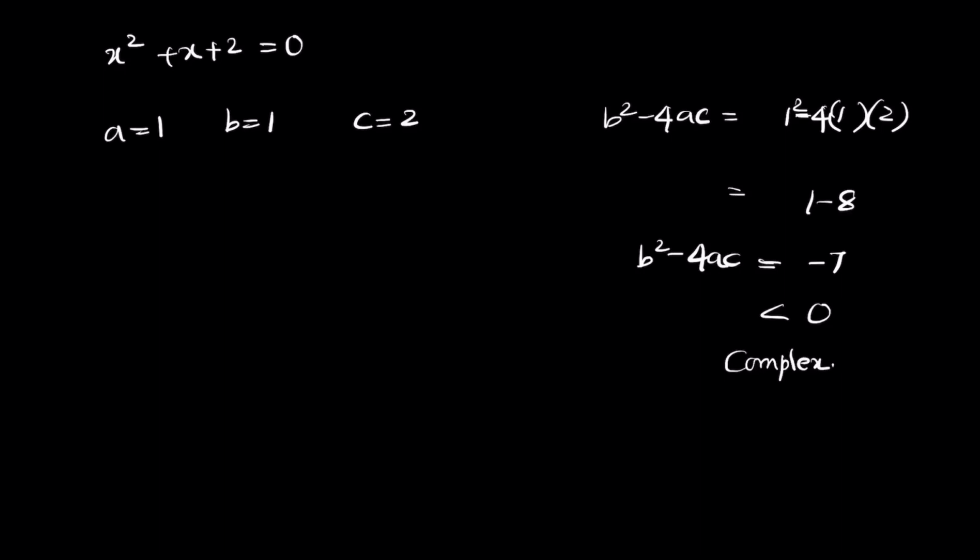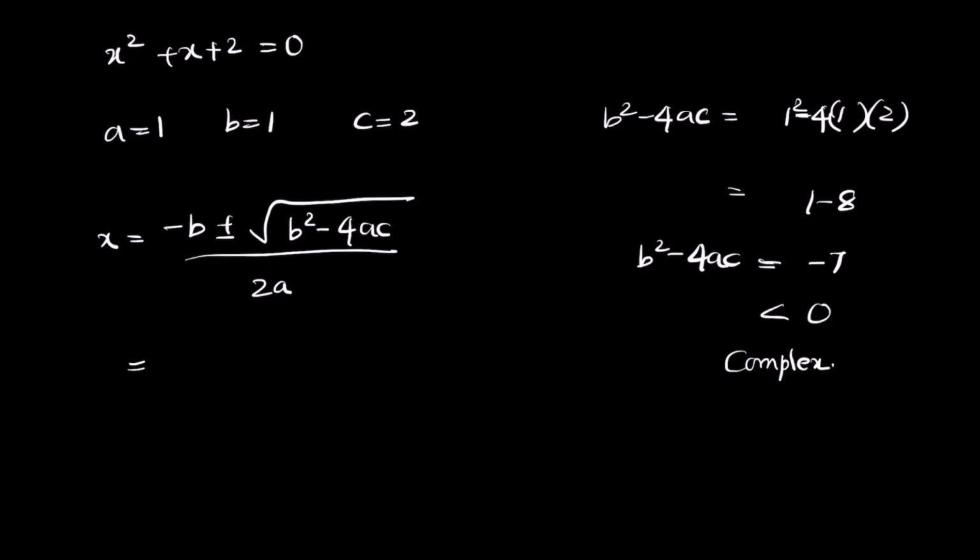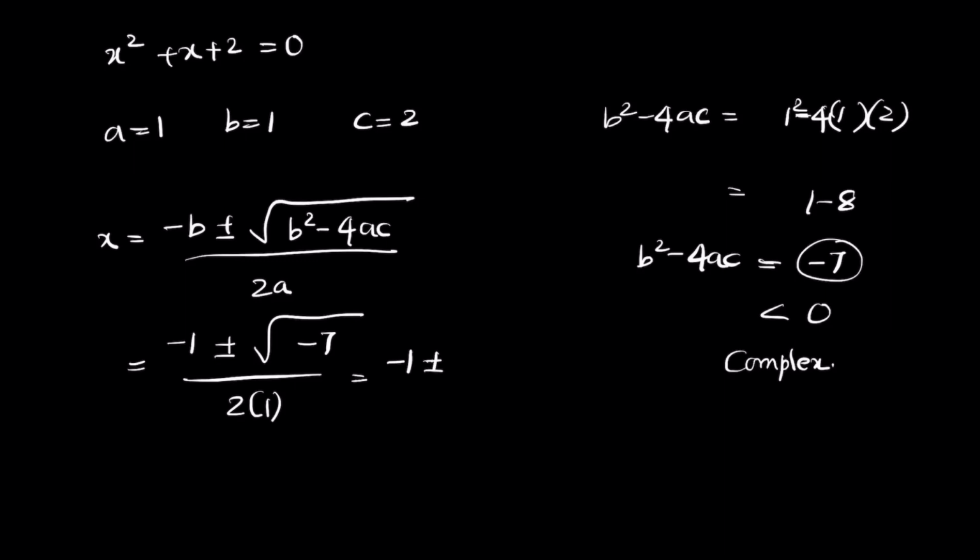So how would you get those complex roots? Write down the formula. So x equals minus b plus or minus the square root of b squared minus 4ac, over 2a. Substitute the values: minus 1 plus or minus, we have found the b squared minus 4ac value, which is minus 7, by 2 times 1. So you get minus 1 plus or minus the square root of minus 7, over 2.